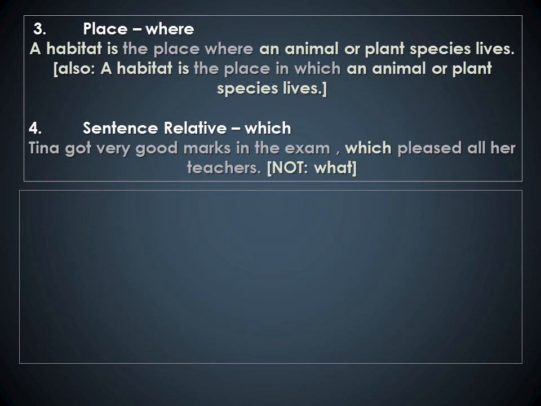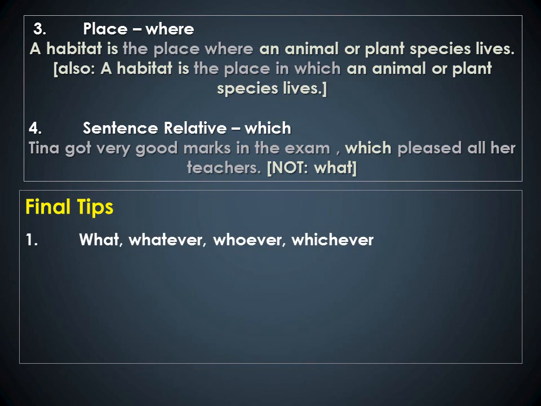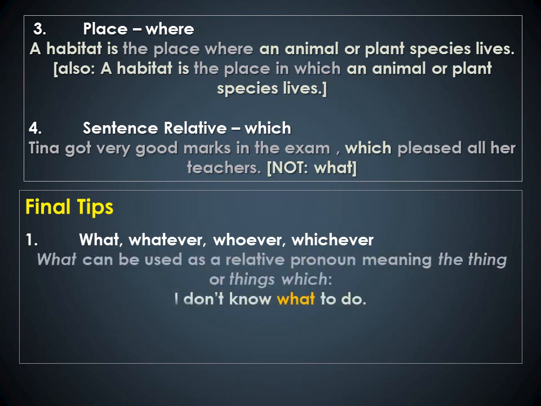A few final tips now. What, whatever, whoever, and whichever. These three forms are more emphatic. So, what? What is not a relative pronoun to be used in the previous case, as we have already pointed out, when we refer to the previous idea stated in the main clause.